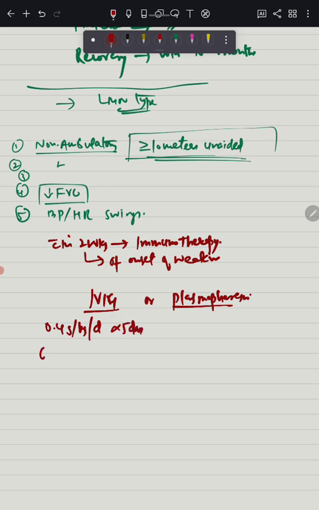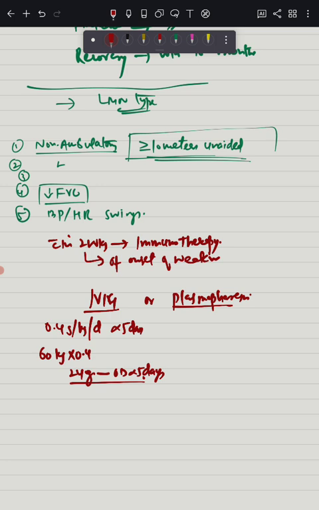For example, a 60 kg individual multiplied by 0.4, so you give 24 grams once daily for 5 days, and timing is within 2 weeks of onset. Efficacy is equal to that of plasmapheresis, it's easier to give, and in children it's preferred, but never combine IVIG with plasmapheresis. There is no added benefit.